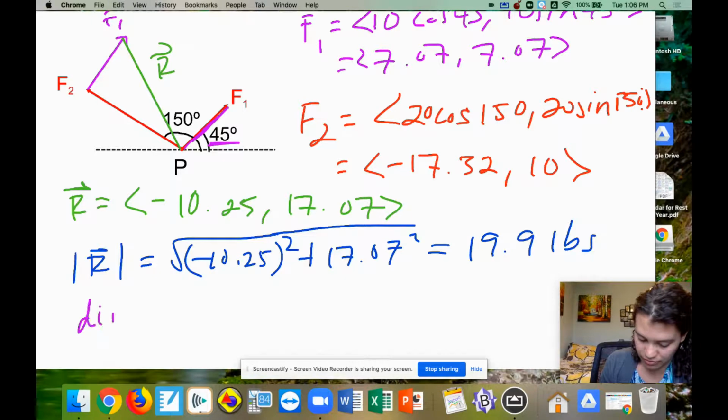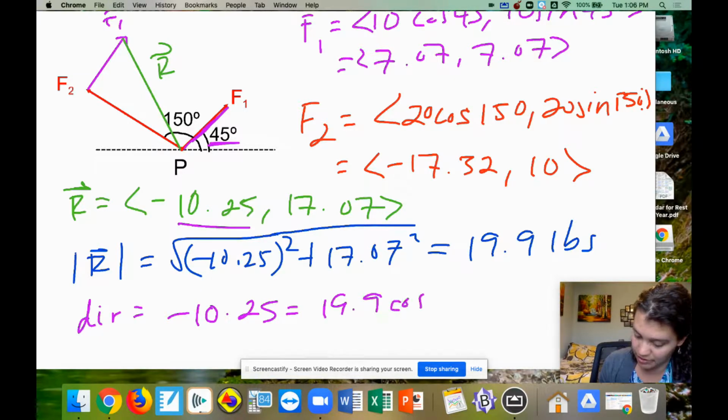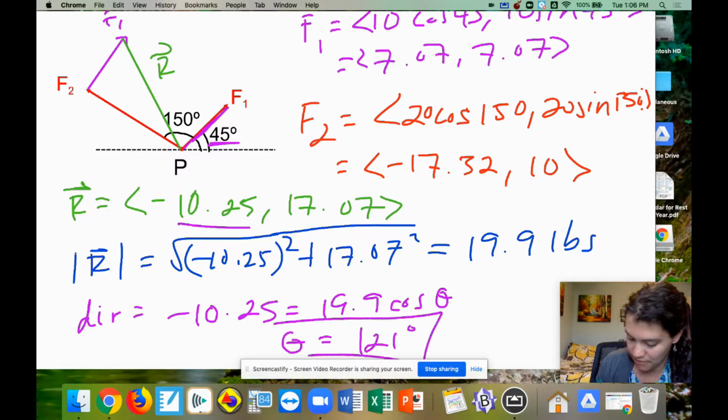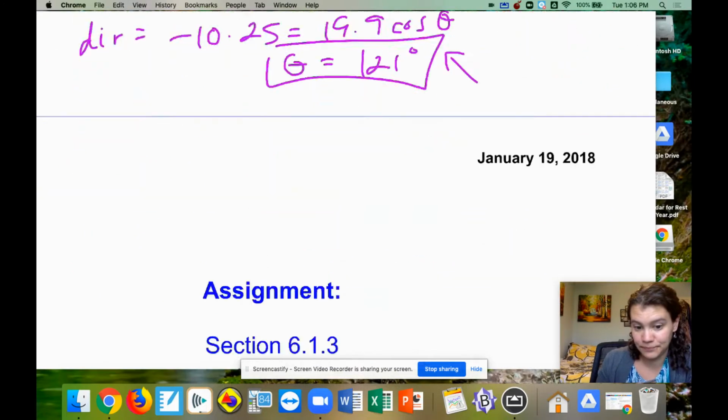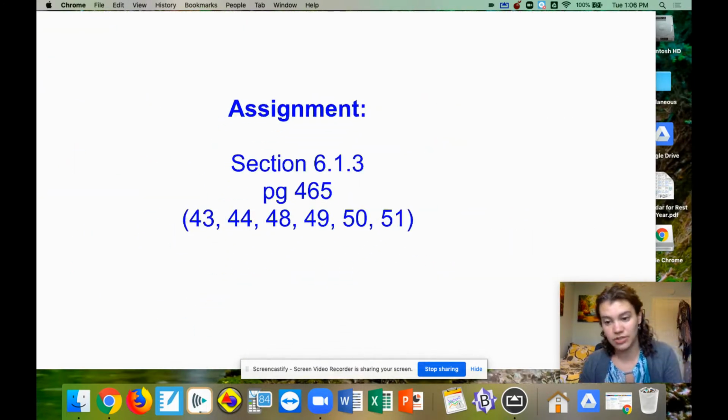So we'll take the x, negative 10.25 equals 19.9 cosine of theta. Theta will then end up being 121 degrees. Make sure it makes sense. That's going this direction. This is going the same direction. We're good. Again, check Schoology for the assignment.